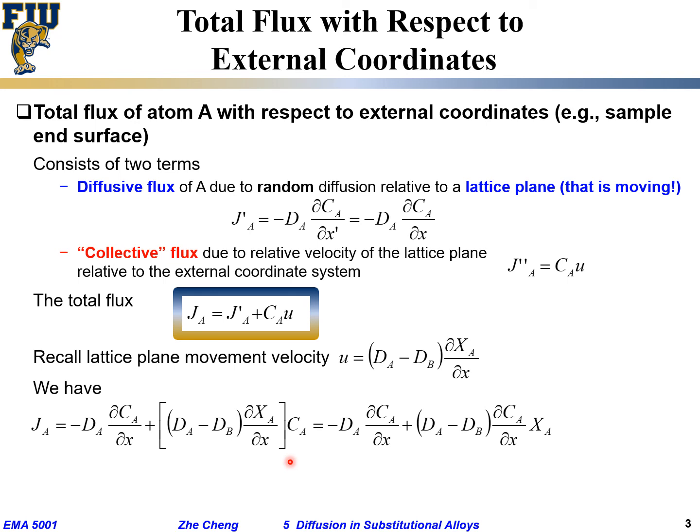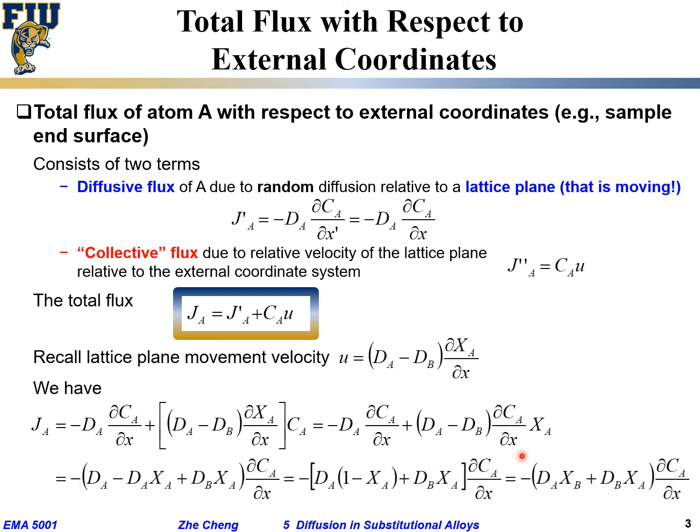Okay? And then let's expand it out. The first term we keep. D_A minus D_B we keep. C_A, that's what we keep. Okay? Now let's do the mathematical manipulation. The first term, D_A, we put a minus sign.